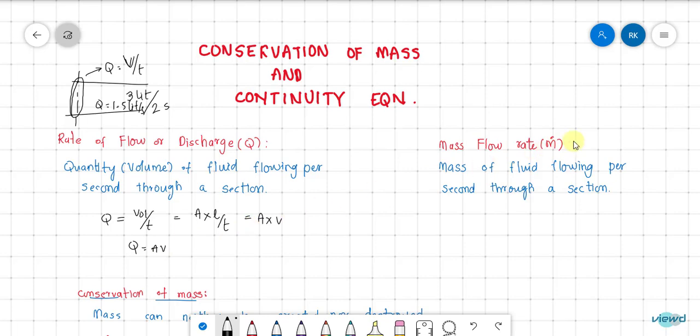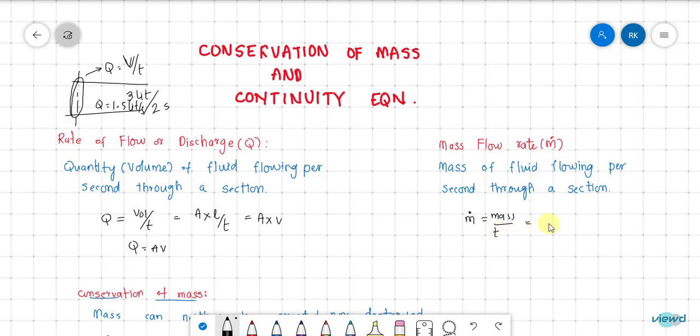So then what is mass flow rate? If we consider volume, that is called discharge. If we consider mass, that is called mass flow rate: the mass of the fluid flowing per second through a section. It is represented with m dot, which is equal to the mass of the fluid flowing per unit time.